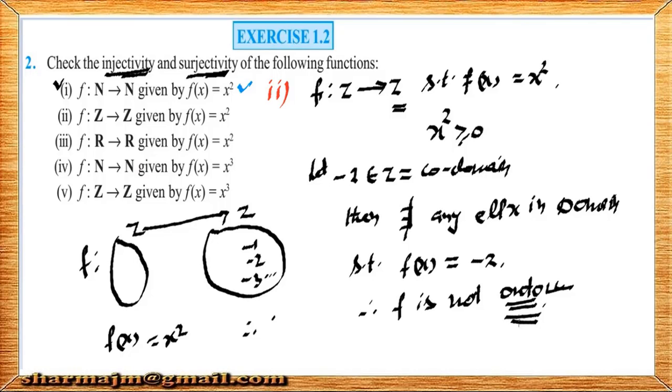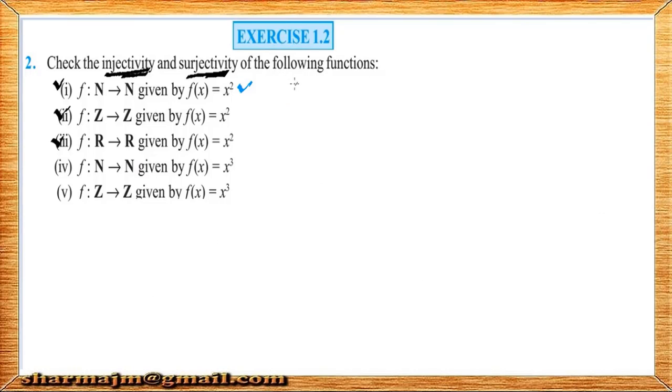Let us see the third part. Here in the third part, f is a function from R to R such that f of x is equal to x square. So here we observe, if we take any two real numbers, then their images will not be unique.